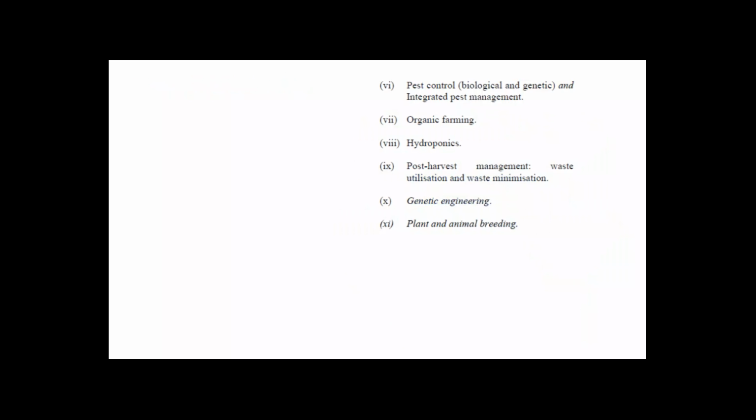Well, we're going to look at organic farming as one of the aspects in this presentation, where we have pest control, which can be biological, where you use natural predators to kill off insect pests and so on, and genetic, where you have resistant species towards the crop, and integrated pest management.